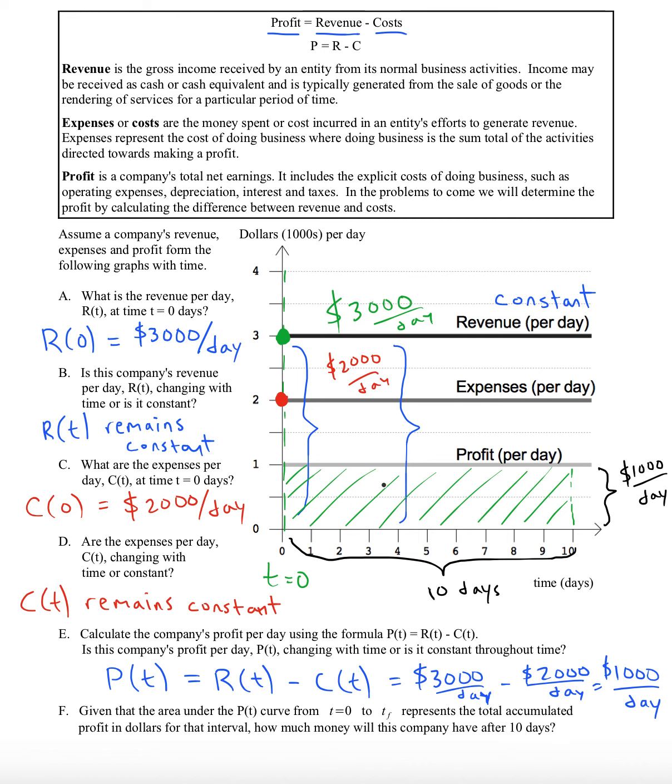So the area is what's called the total accumulated profit in dollars. So all we need to do is multiply $1,000 per day times 10 days.